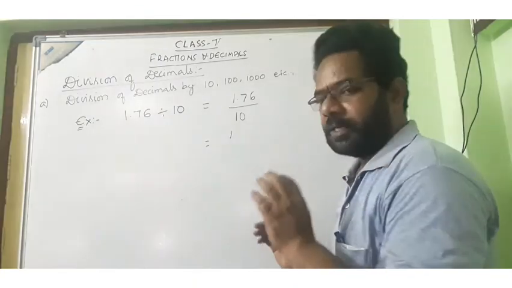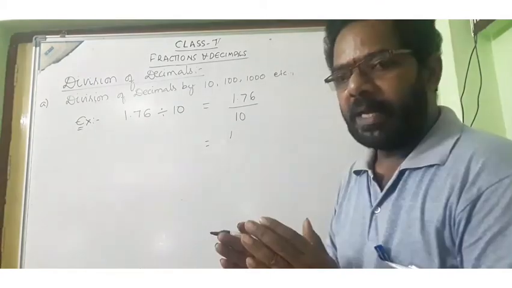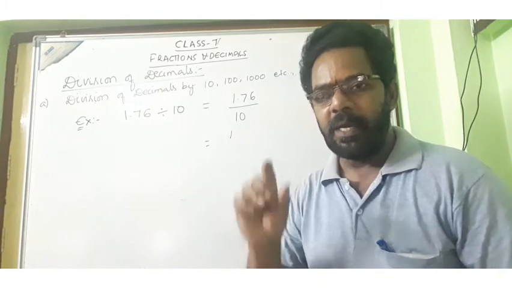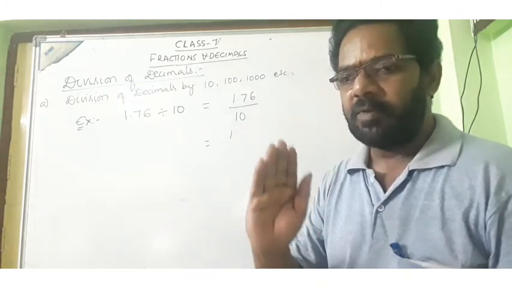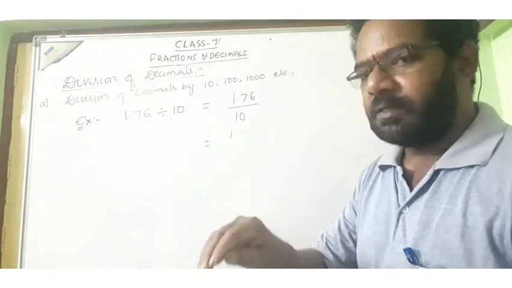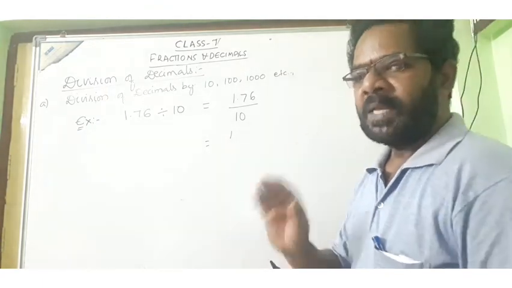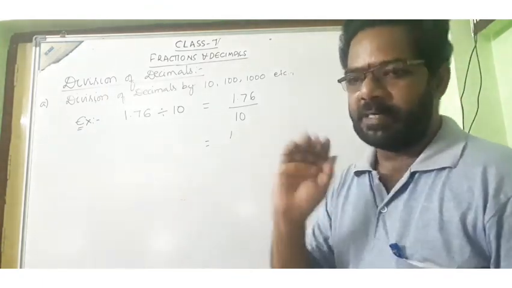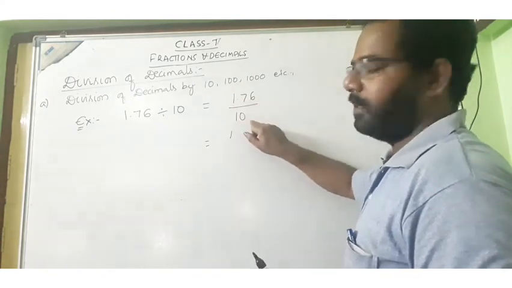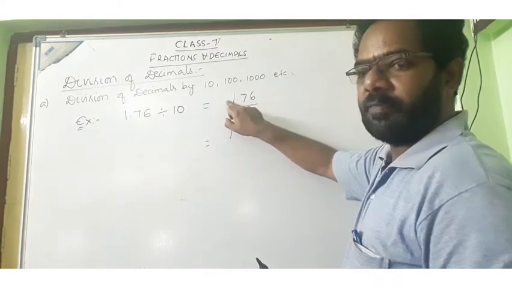If you multiply a decimal number with 10, 100 or 1000, depending on the number of digits, the point will be jumping to the right hand side. In the case of division, the point will be jumping to the left hand side. Here 1.76 divided by 10 means the point will be jumping to the left hand side.